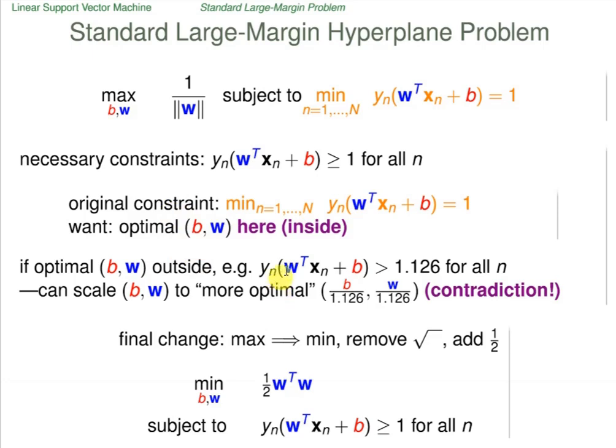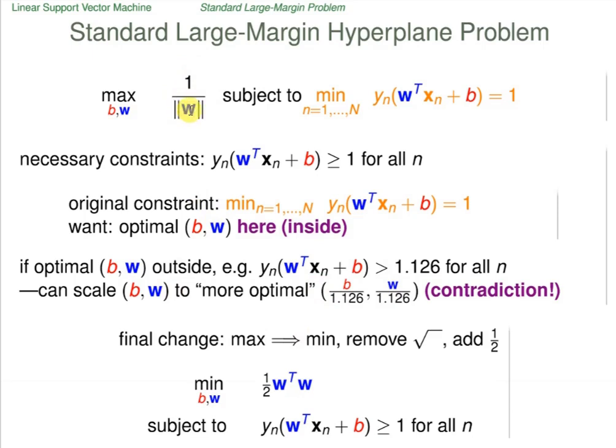However, if the optimal weights b, w lie outside, we could scale them to make it more optimal, which would lead to a contradiction. If the weights are outside the margin, we could scale them down so that they lie within this boundary. Note that the margin is the inverse of the weight norm, 1 over the norm of w.